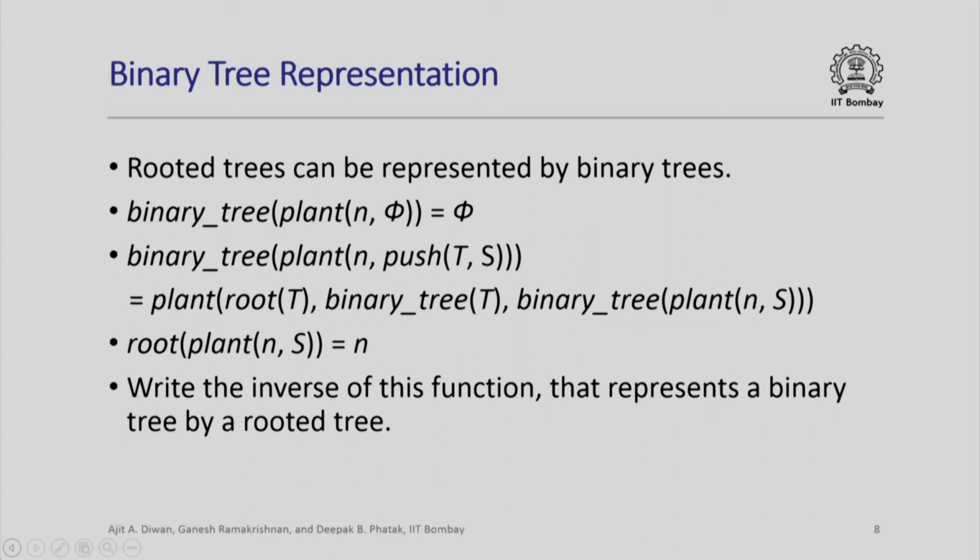On the other hand, for a rooted tree with a root node n and a sequence push t comma s, the binary tree is obtained by planting at the root of t the binary tree of the left subtree and the binary tree obtained by planting the sequence s at node n. You can check that this gives us a valid definition which converts a rooted tree into a binary tree.